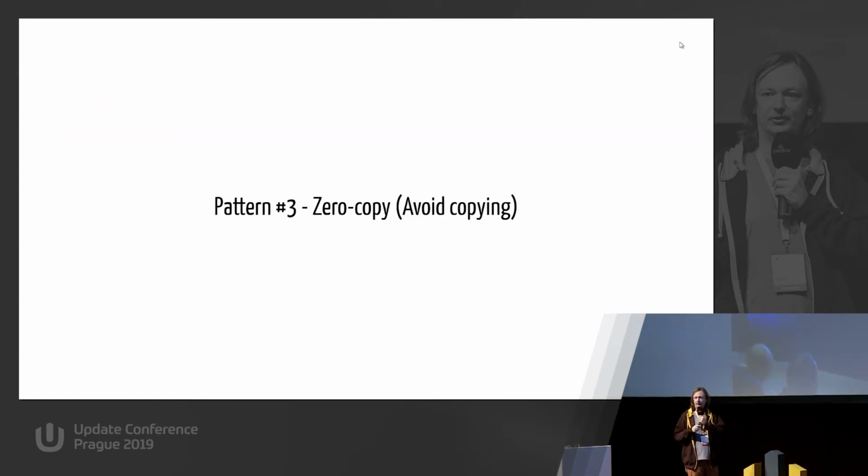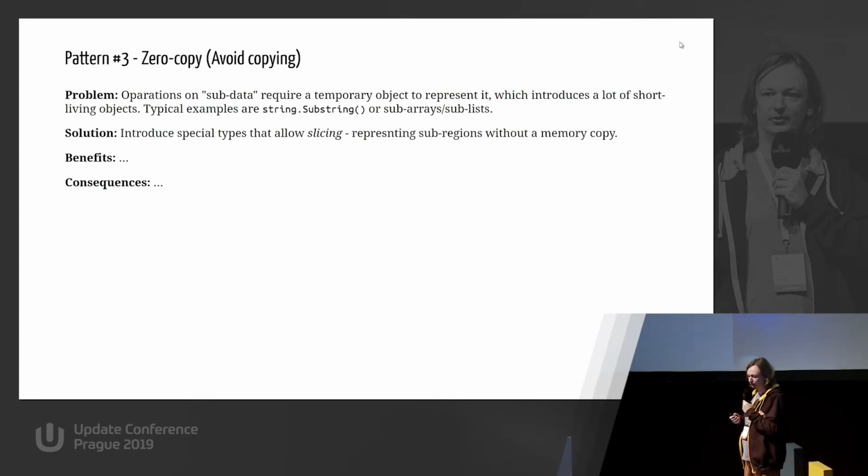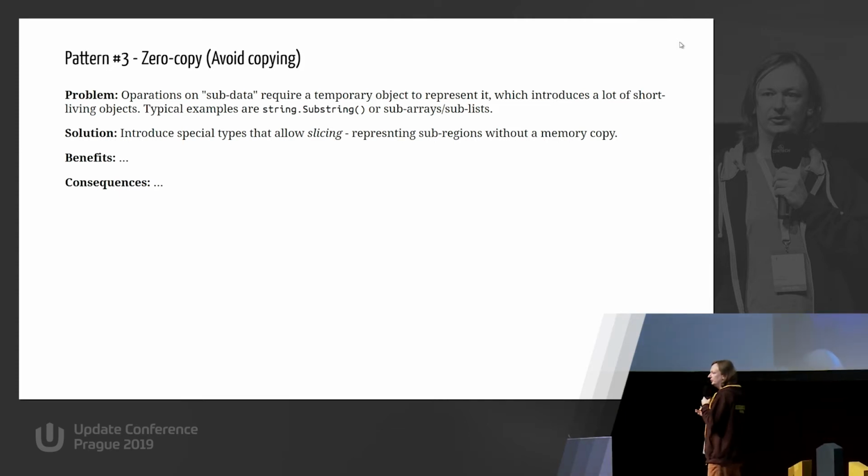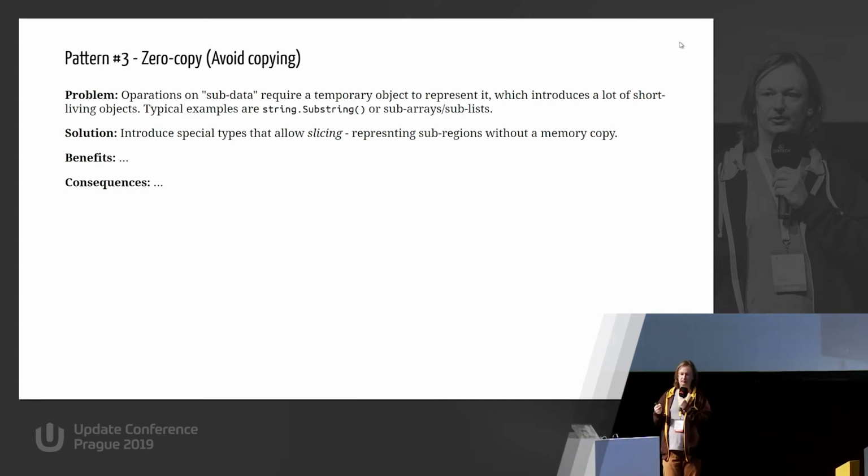Pattern number 3 I'm calling zero copy, because I don't know how to name it better. It is all about avoiding copying memory. Quite often you have scenarios where you need to operate on subdata, and the tremendously popular case is substring.